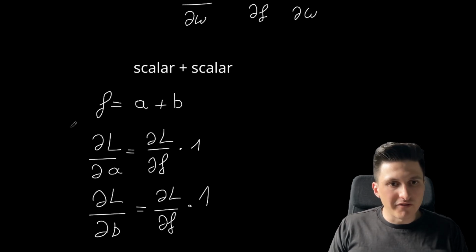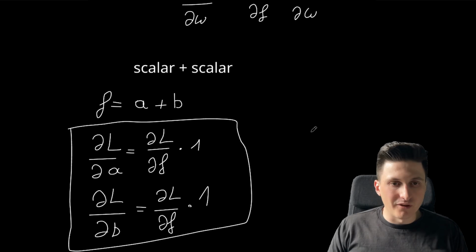So in this case, the derivative is very simple, and we are just basically propagating the derivative of the child.